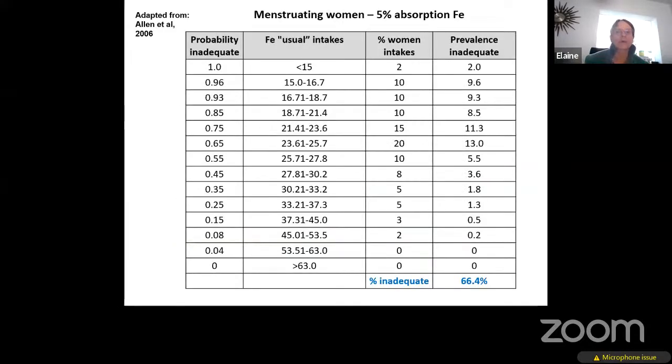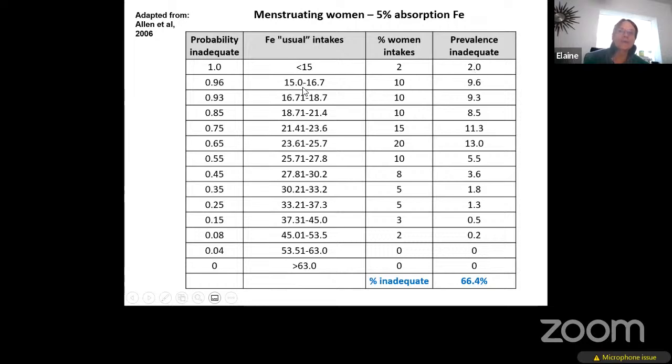The way this works is that at different intake levels of iron, there's a different probability of risk of inadequate intake. If you had less than 15 milligrams per day of iron, it'd be 100% certain that you were inadequate. So if there were 2 women that had an intake at that level, all of them would be inadequate. So we'd say 2 would be the prevalence for inadequate.